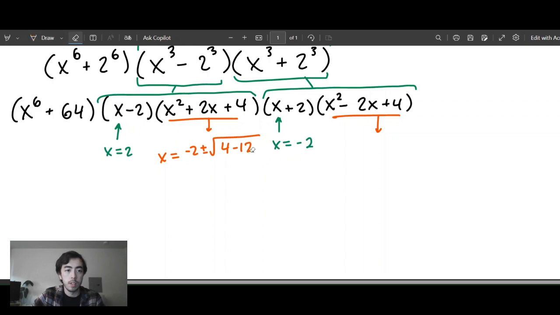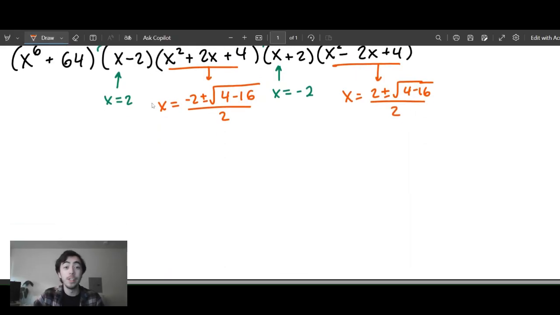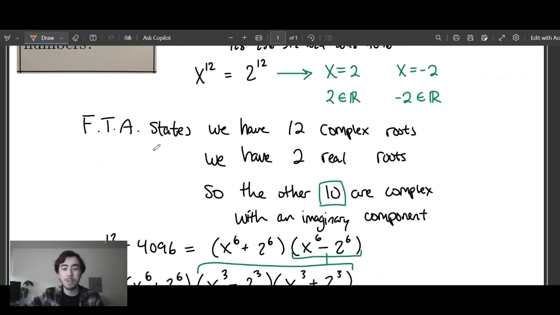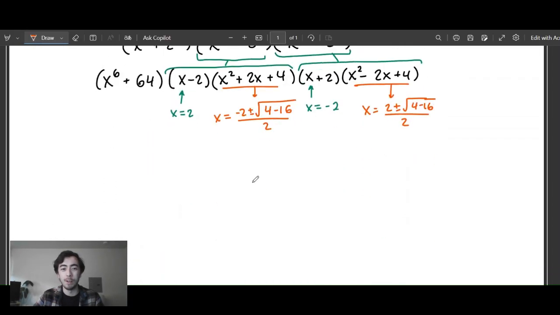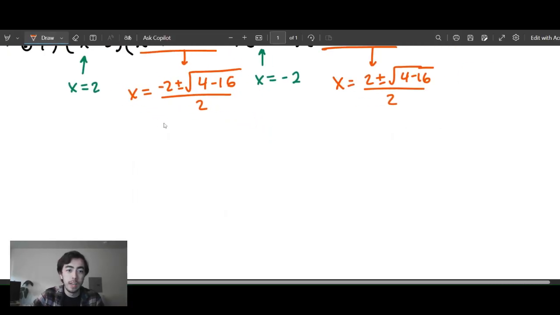That's supposed to be a 16, it's the 4 times the 4, all over 2a. And after following through with this quadratic formula, I'll find, I believe, 4 complex roots. And I'll get some kind of solution, an actual number to look at, instead of just claiming that I have complex roots and I don't know what they are. It'll be really nice to actually figure out what these complex roots are.